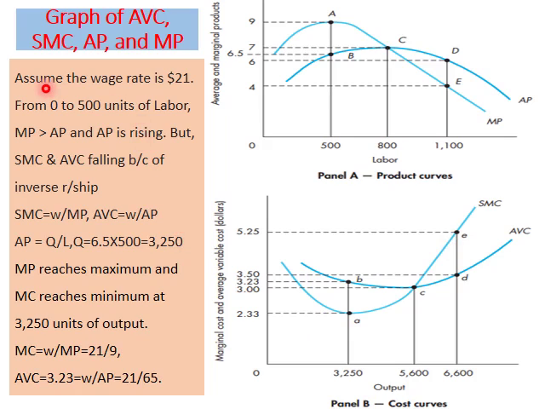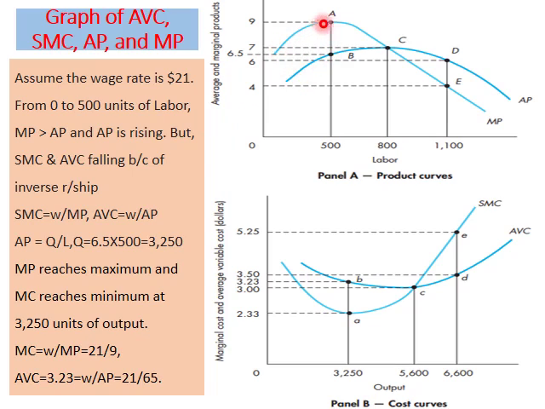By the way, you can see this text. Assume the wage rate is T11. If we assume that the wage rate is T11, then from 0 to 500 units of labor, marginal product is greater than average product. As you see, the graph is above the average product, and average product is rising.